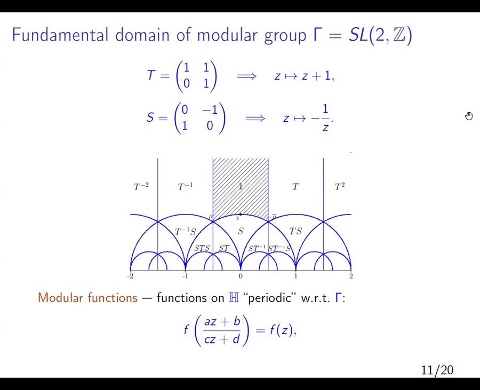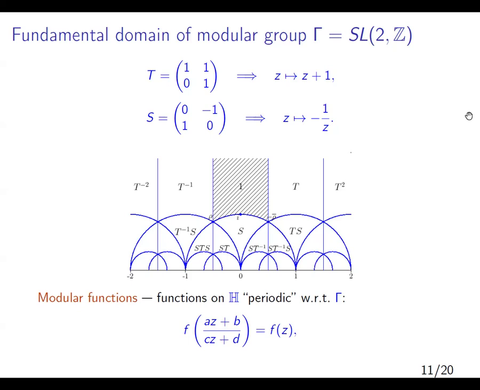There is a similar picture for the action of this modular group SL2Z on the upper half plane. We have many curved triangles here, and they look different in size and are not triangles with straight lines, but in fact they are all the same if we consider Poincaré geometry, using the Poincaré metric on the upper half plane.